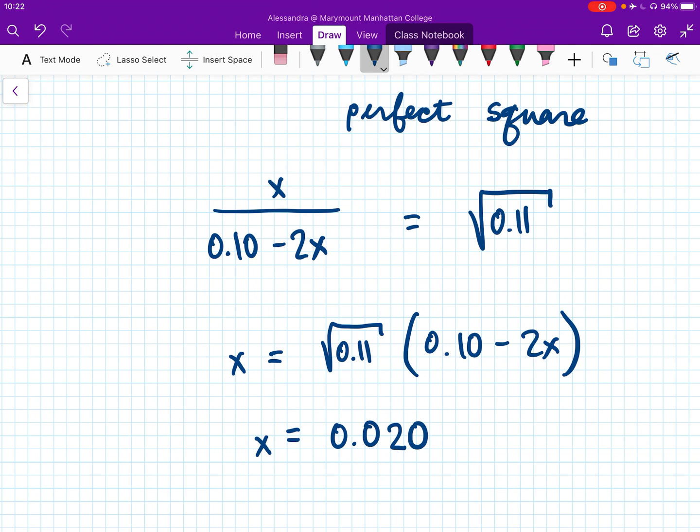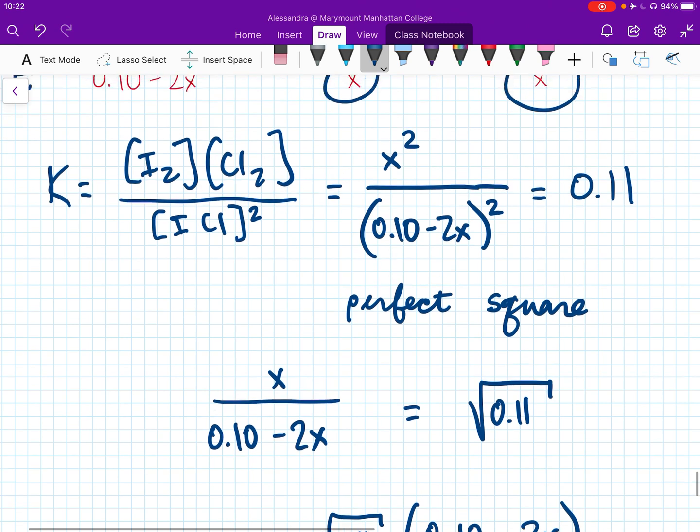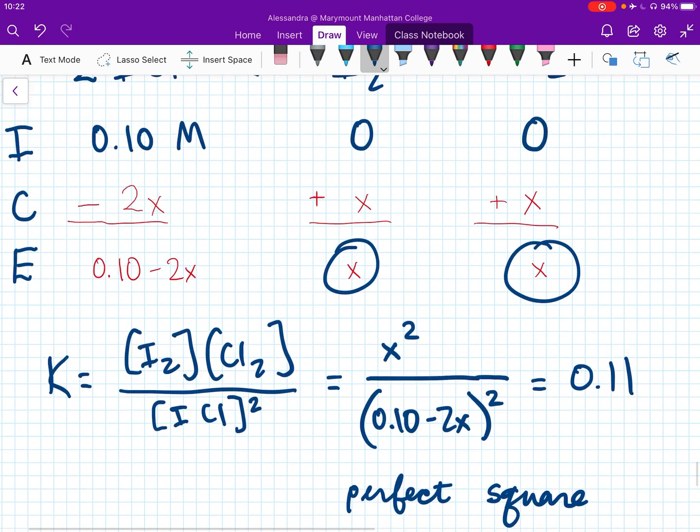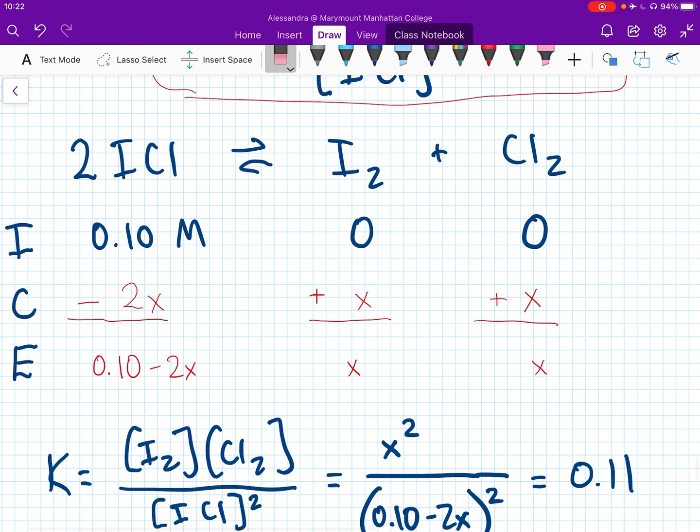Now, what is x? Going back to our ICE chart, we can see that x is the concentrations of I2 and Cl2 at equilibrium.